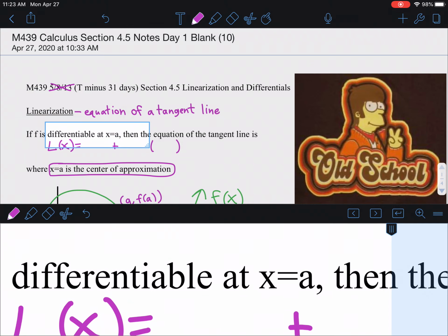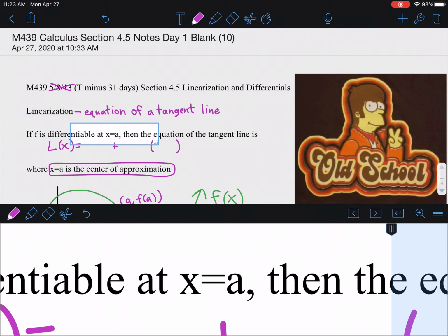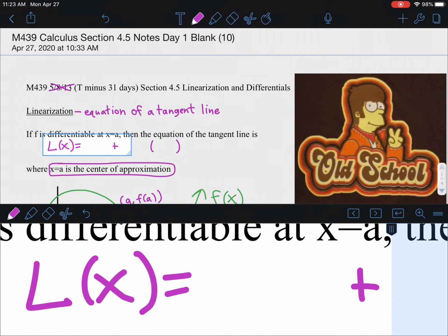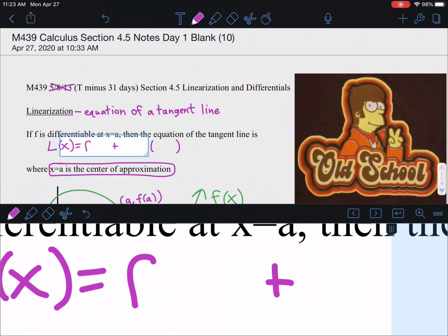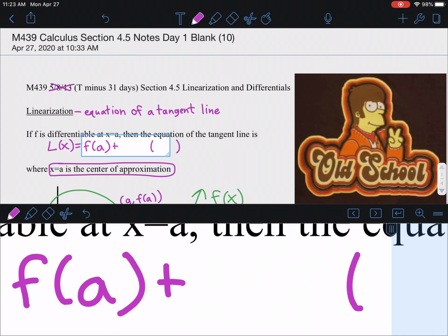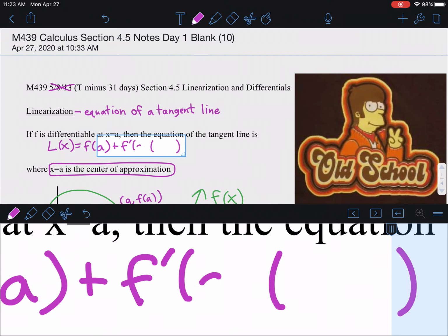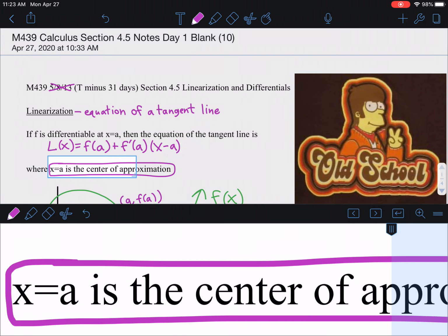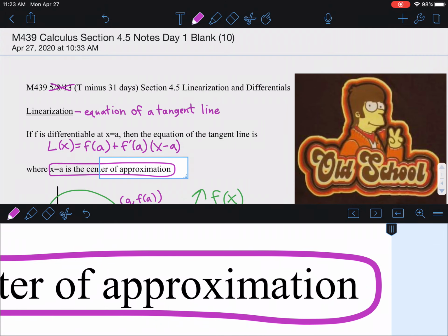If f of x is differentiable at x equals a, then the equation of the tangent line is L of x. You'll see that this function is called L of x, because this is standing in for the linearization. So L of x is going to equal f of a plus f prime of a times x minus a, where x equals a is the center of approximation.